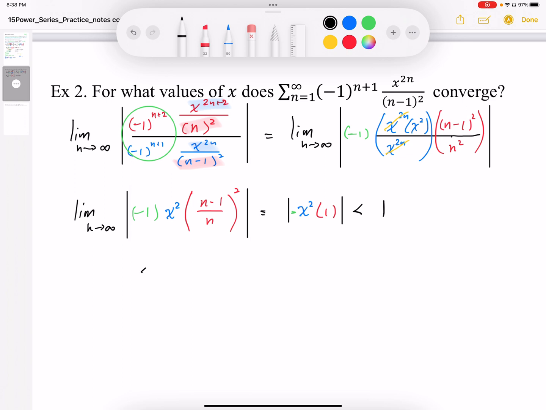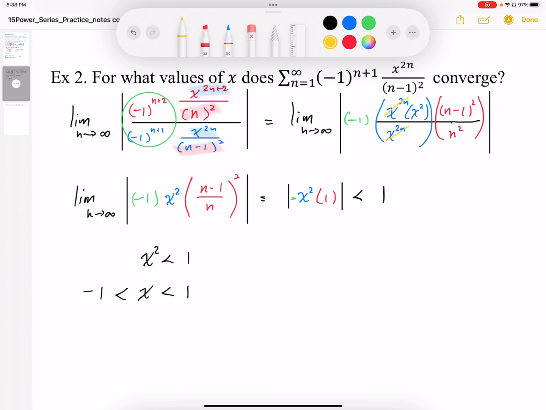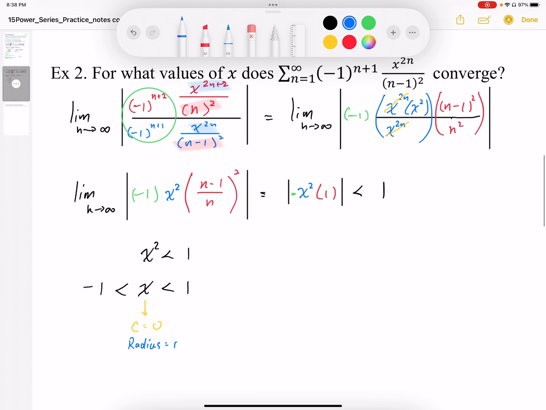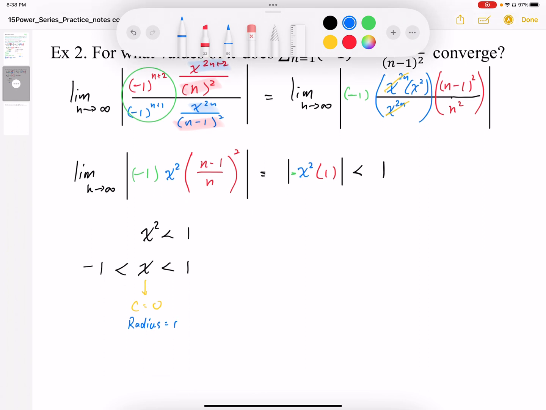So we end up with x squared is less than 1, which we can translate into x is less than 1 and x is greater than -1. Okay, so we have our center. This represents our center, c equals 0. We have our radius: your radius is equal to 1, 1 to the left, 1 to the right, and then we can test our endpoints.